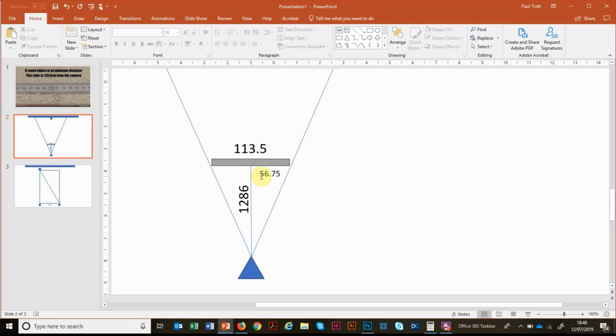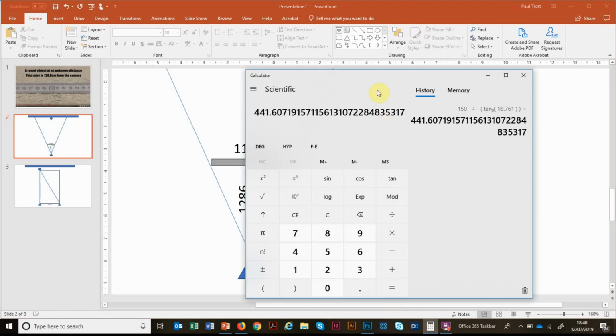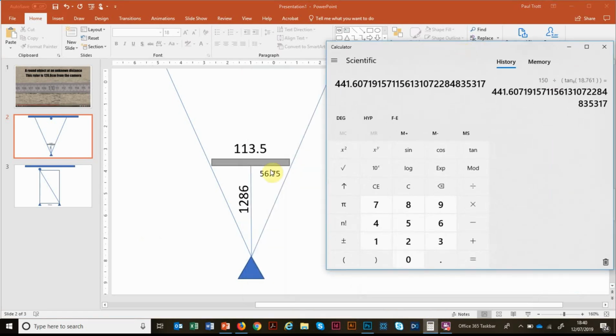The opposite to that angle is 56.75 millimeters, and the adjacent side is 1,286 millimeters. To do this, it's opposite over adjacent, so we're going to use tangent.